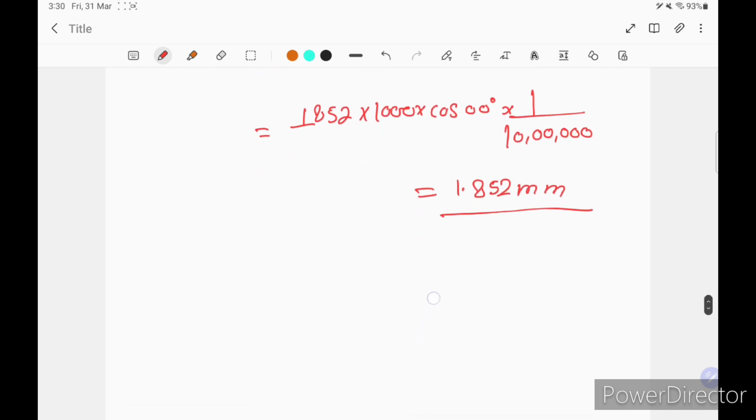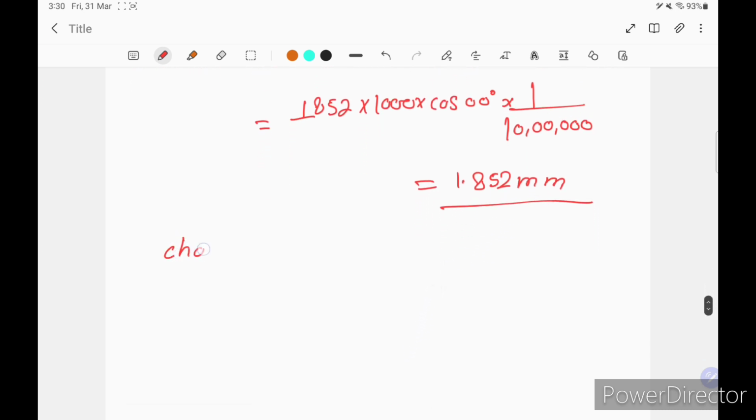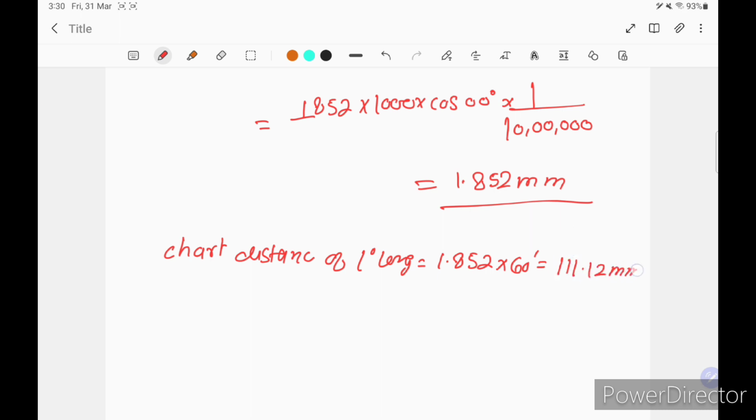This much is clear. Okay, so the chart distance of 1 degree longitude is equal to 1.852 into 60, so we get the value 111.12 mm.